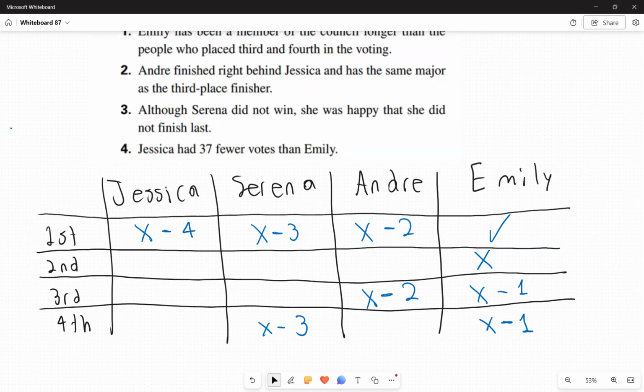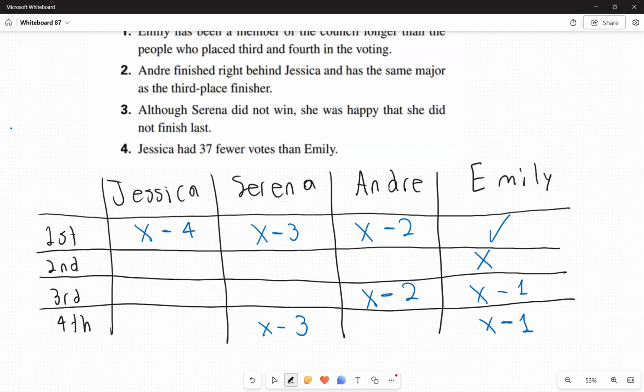And I want to be completely sure of this. Okay, so if he finished right behind Jessica, and Jessica wasn't number 1, we know that Andre cannot be number 2.